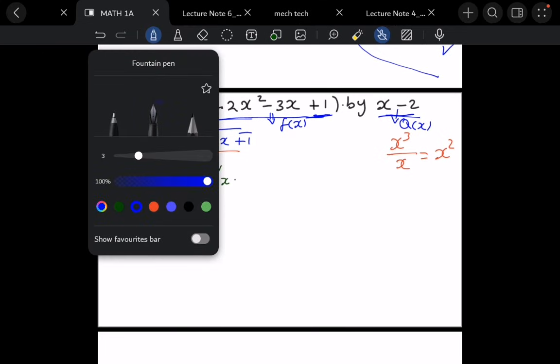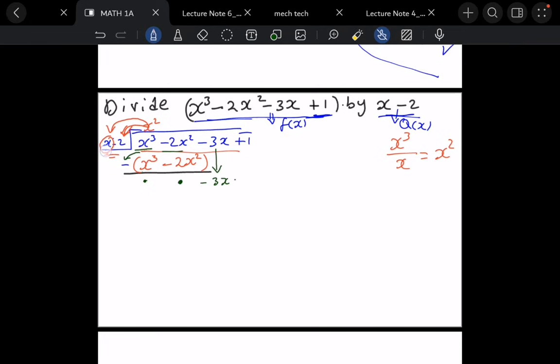Ask yourself again, how many times does this x go into negative 3x? Negative 3 times. Negative 3 times x minus 2 is negative 3x plus 6. Put a bracket over there and a negative sign in front, and then bring down plus 1 there.